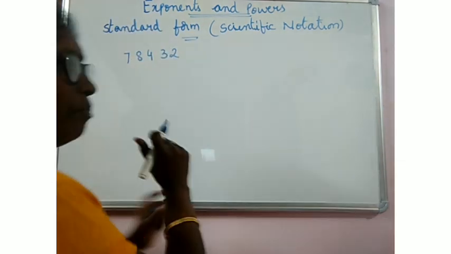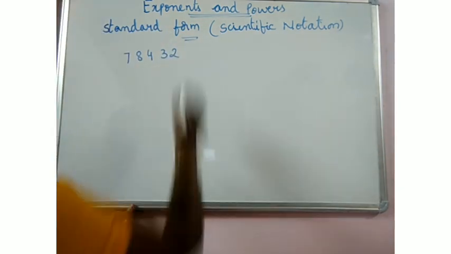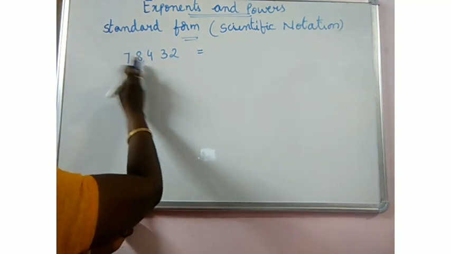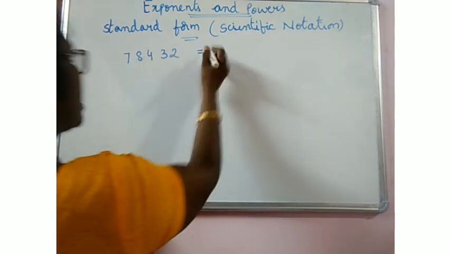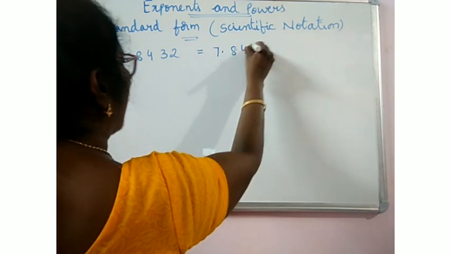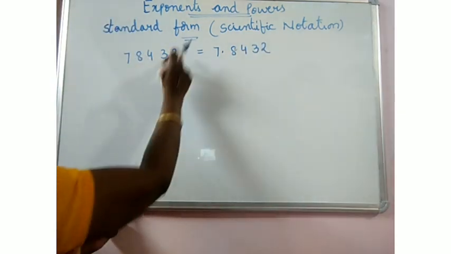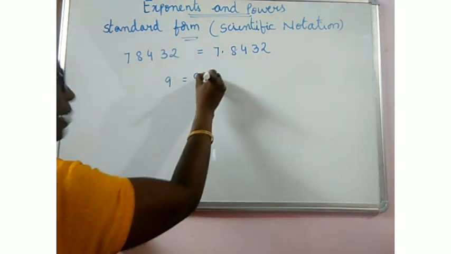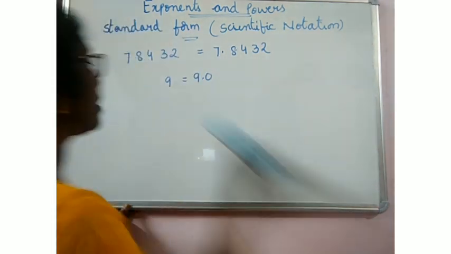If you have to express this in standard form, what you have to do is, after one non-zero digit, here 7, put a decimal, then 8432. You see no decimal is there, which means the decimal is towards the right end.